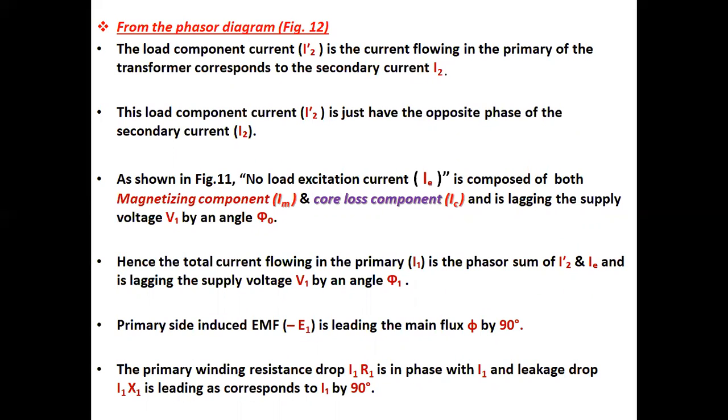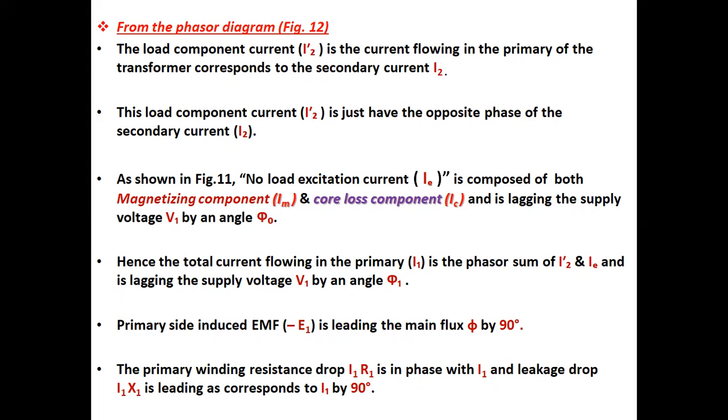As shown in figure 11, the no load excitation current IE is composed of both the magnetizing component IM and the core loss component IC, and is lagging the supply voltage V1 by an angle phi 0. Hence, the total current flowing in the primary I1 is a phasor sum of I2' and IE, and is lagging the supply voltage V1 by an angle phi 1.